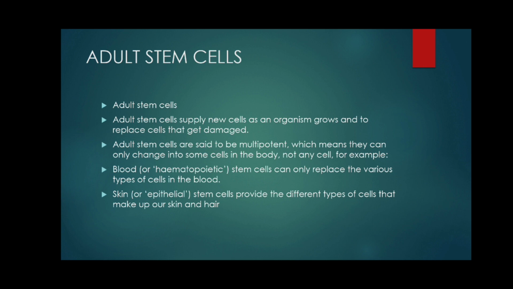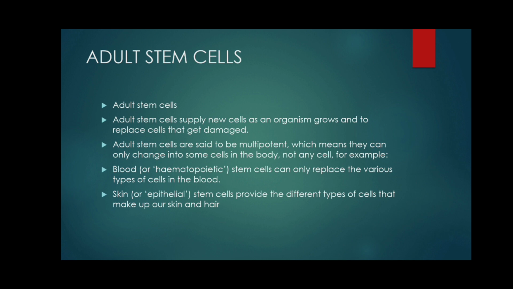Next is the adult stem cell. Adult stem cells supply the new cells as an organism grows and replace cells that get damaged. Adult stem cells are multipotent, as they can change into some cells in the body, but not any cell.